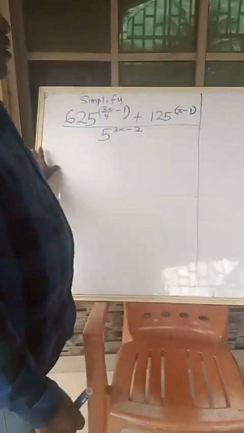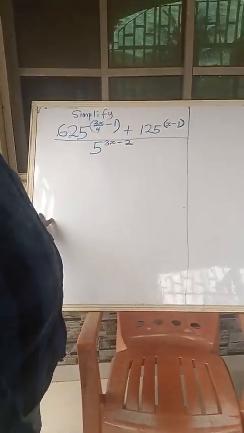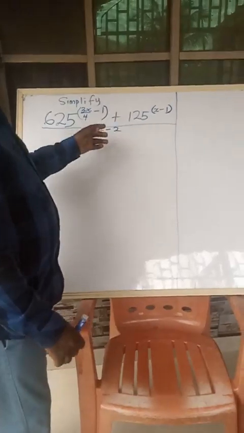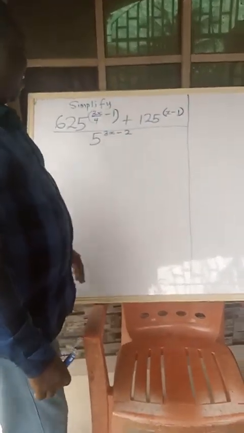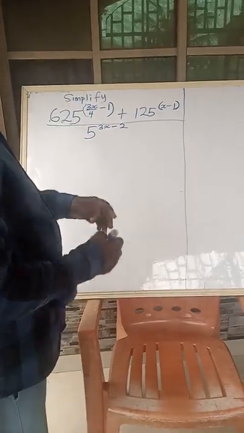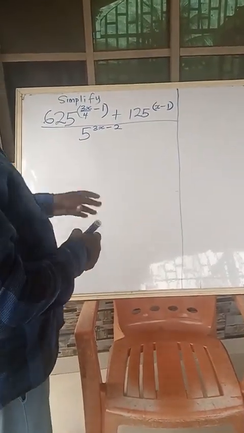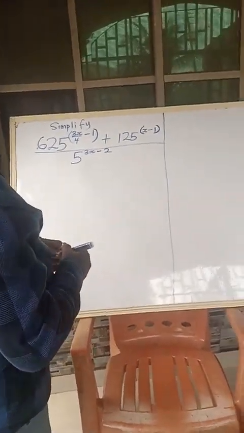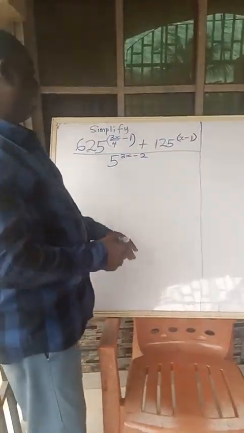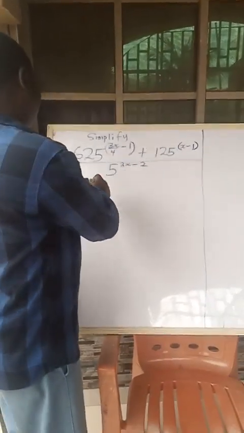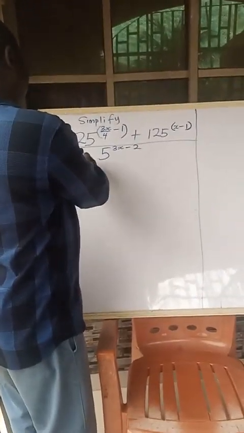This is another question involving indices, and this has to do with addition of indices as in my last video. So how do we do this? The first step, you want to make sure the bases are the same, and the common base you can use is 5. So 625 is the same thing as 5 raised to power of 4.